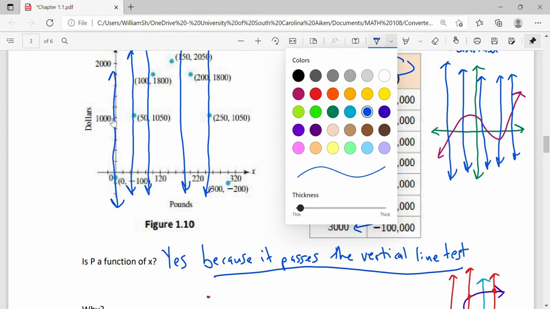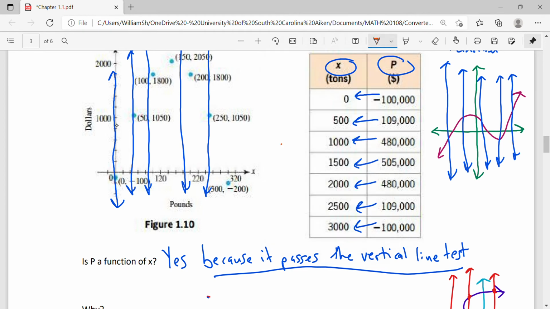But if I reverse it and ask, is X a function of P? Well, if I go this way, 0 is a negative 100,000. But if I go this way, 3,000 is negative 100,000. Now I have a problem because I have two values that have the same ending value here. And if that's the case, then you don't have a function.